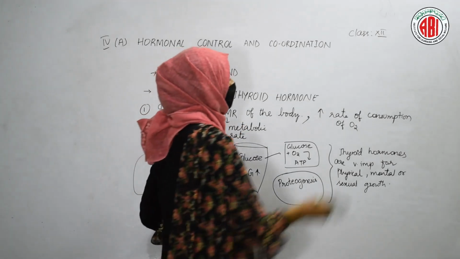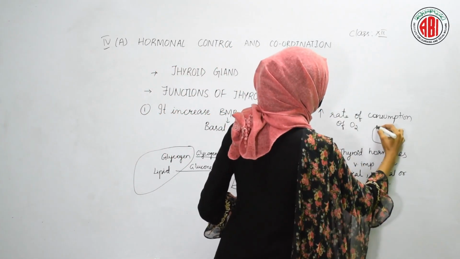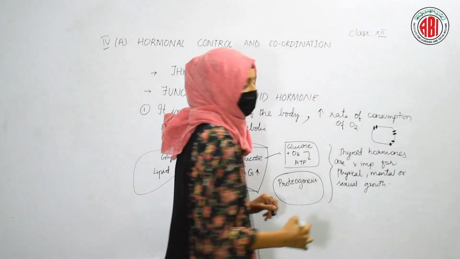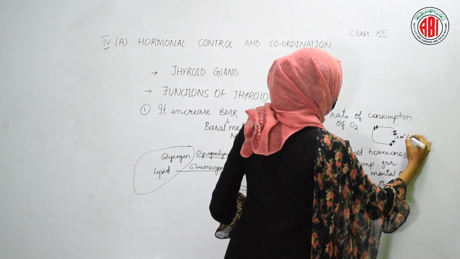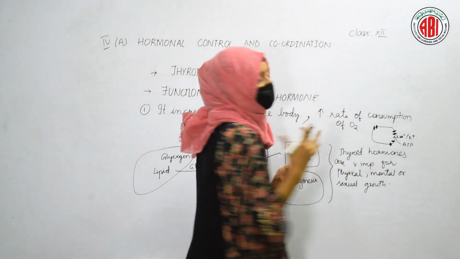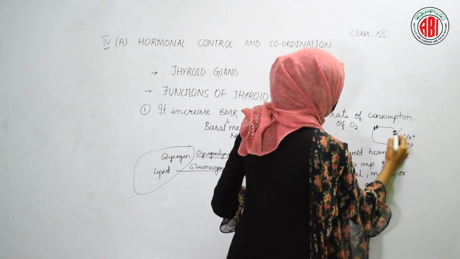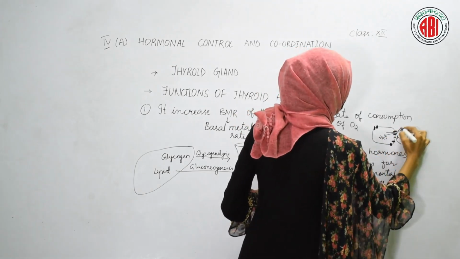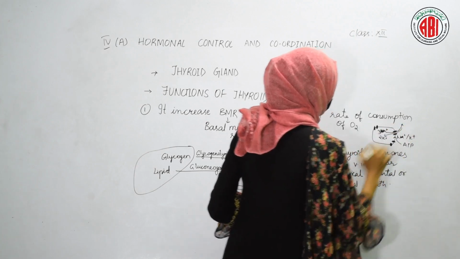We all know that each and every cell has some sodium potassium pumps over their membrane, right? These sodium potassium pumps require ATP in order to carry out one reaction, and that reaction is they take up 2 molecules of potassium ions into the cells and they remove 3 sodium ions out of the cells.